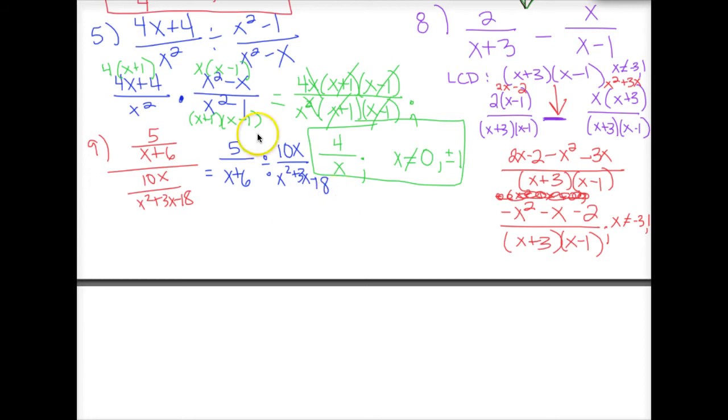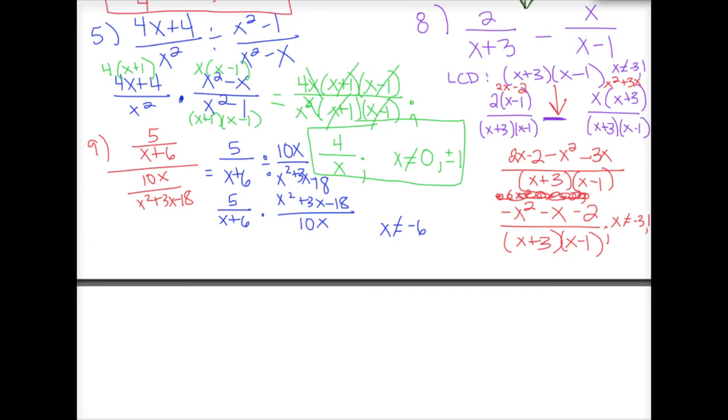This is now essentially the same thing as I had in 5. So change the division to multiplication. Identify restrictions. I know from this one that x can't be negative 6. Remember, when it's division, I have to look at numerator and denominator here.